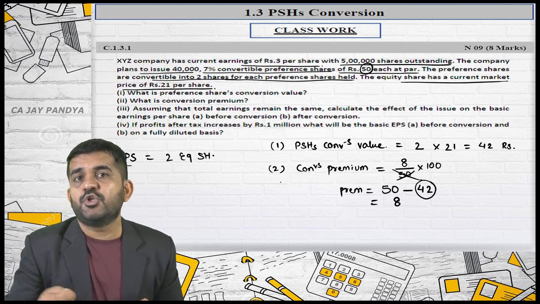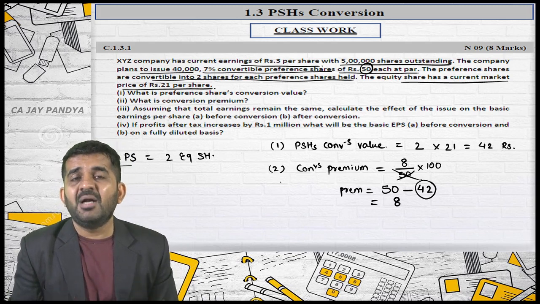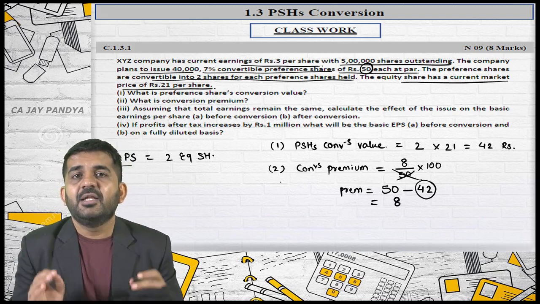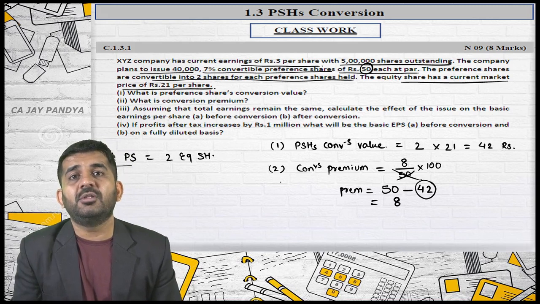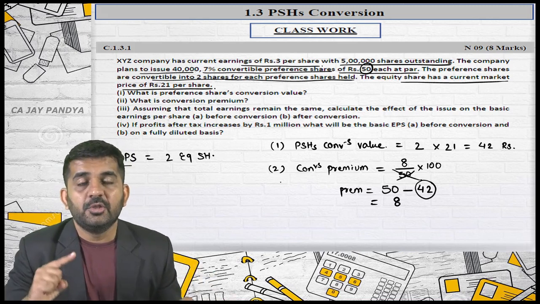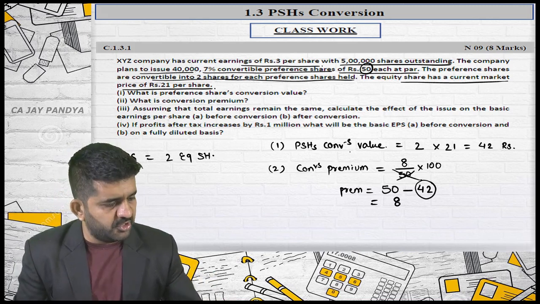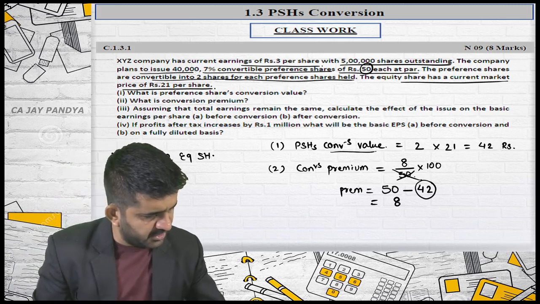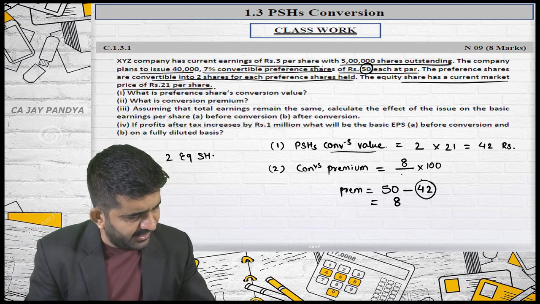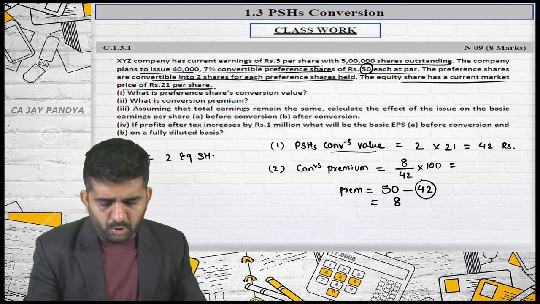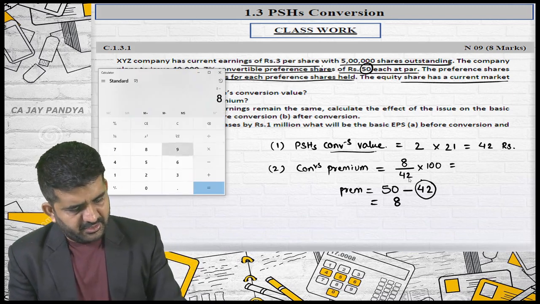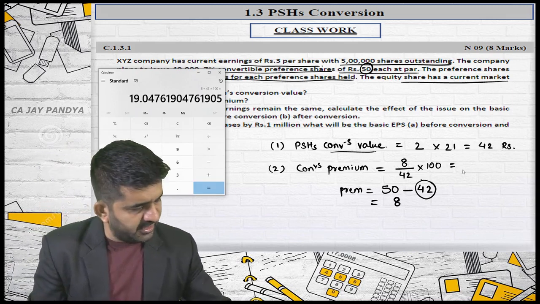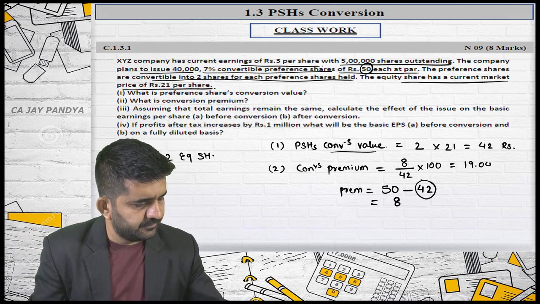Please understand, it should be calculated on 50, but it is a tradition of finance that it is calculated on the conversion value, and not on the market price of the preference shares. So I will be doing 8 divided by 42 into 100, which is 19.04%.